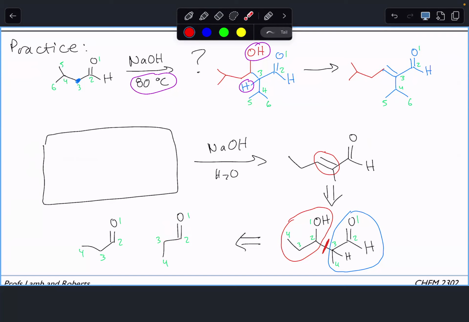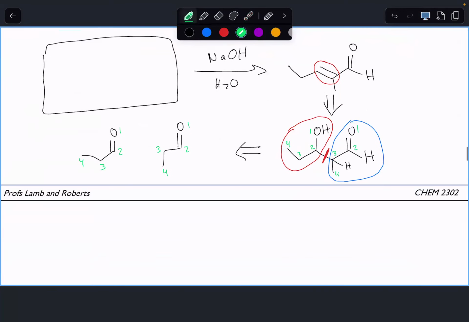All of the examples that we've done so far have been aldehydes reacting with itself. So what happens if the two aldehydes are different? When can we react them? That is called a mixed aldol or a cross aldol. So that is our next learning objective.